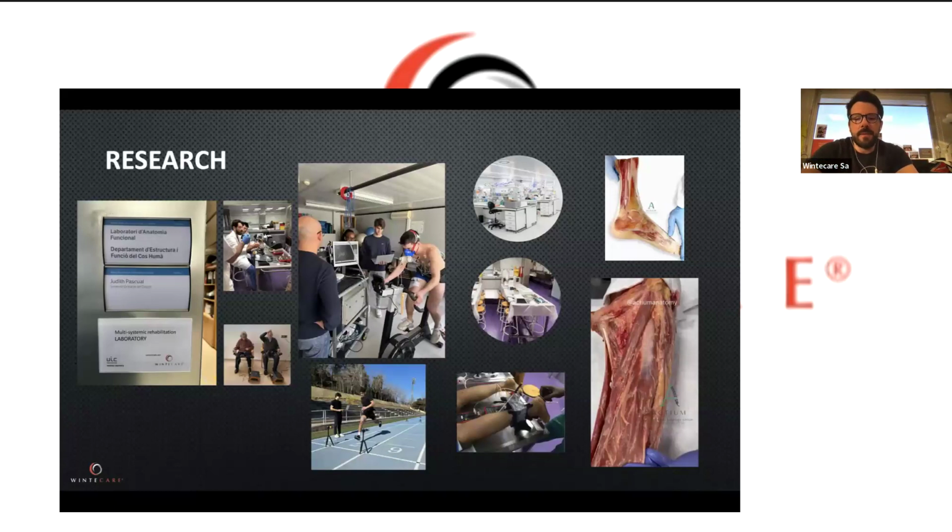Then we have a clinical department working, for instance, with elders, working with tendinopathies, post-surgery, in order to have an idea of what would be the best protocol possible in order to address that specific situation. And then there's a performance department, gas measurements, lactate analysis, performance measurement, everything related to sport performance.